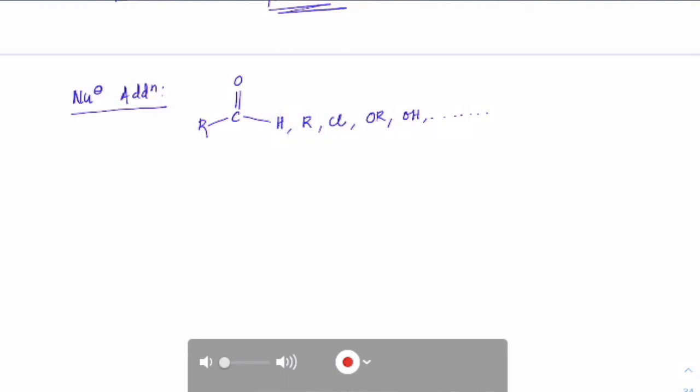From this chapter onwards, what you will majorly study is what happens to a leaving group which is present here. If hydrogen and R are there, they usually are not leaving groups. But if you have OR, OCOCH3, for that matter NH2, OH, NR2, they all could be leaving groups at some point.